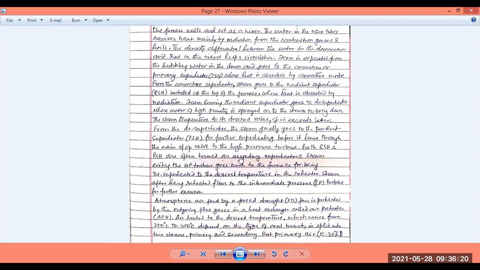As it loses a considerable amount of heat by converting it to speed, it is reheated to a certain extent, then sent to the intermediate pressure IP turbine for further expansion. So we have primary, intermediate, and secondary turbines.